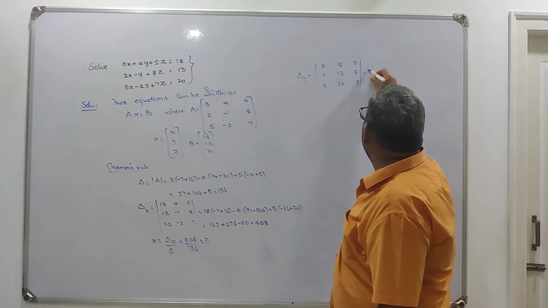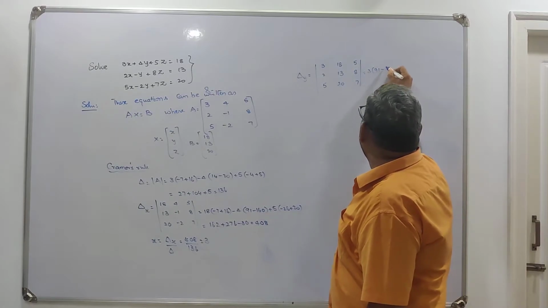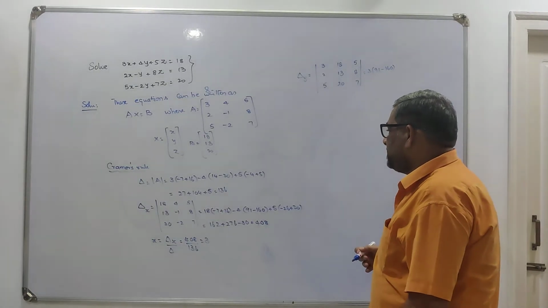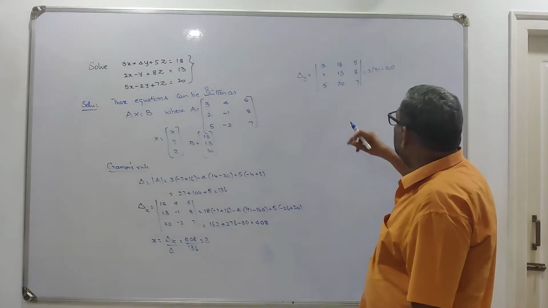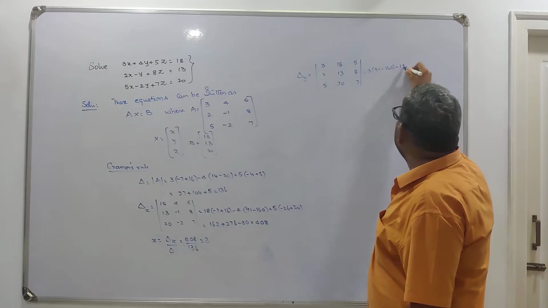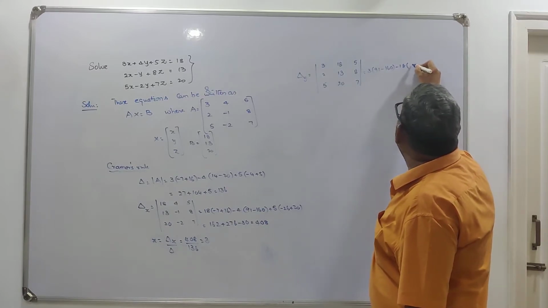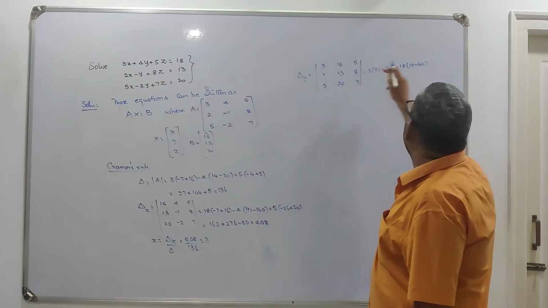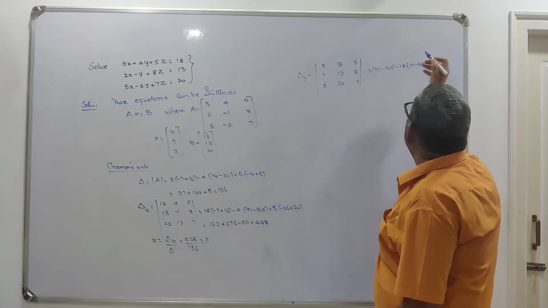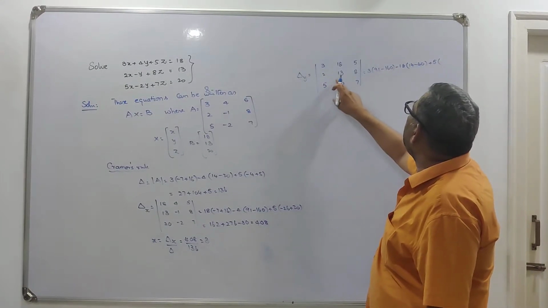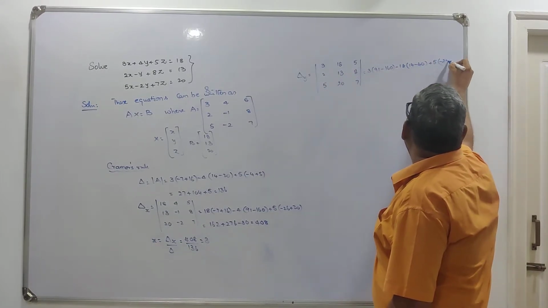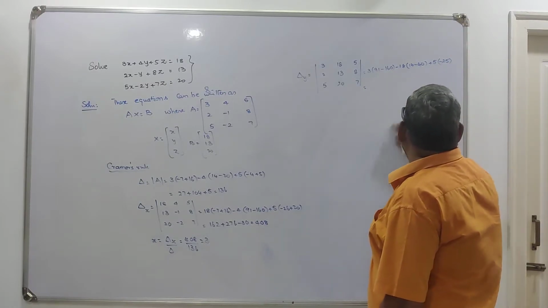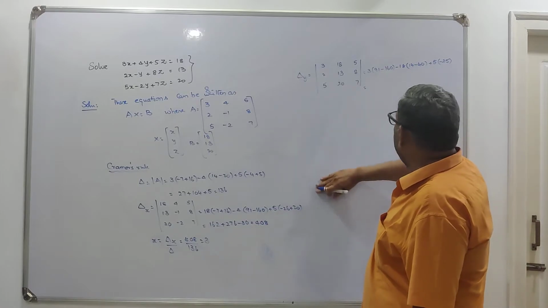We can expand it: 3 into 91 minus 160, minus 18 into 14 minus 40, plus 5 into 40 minus 65. This is minus 69 into 3.